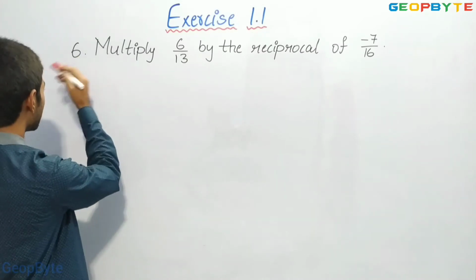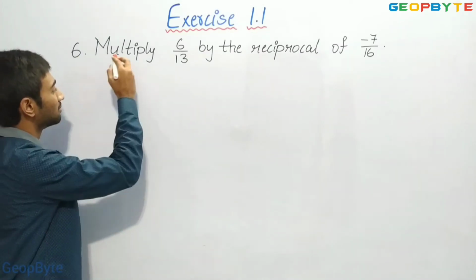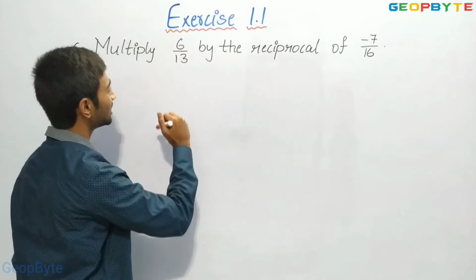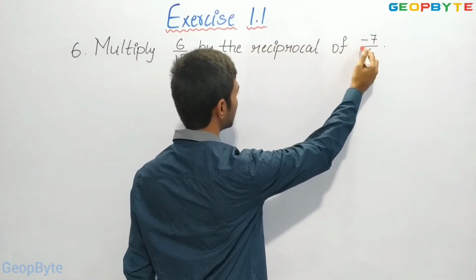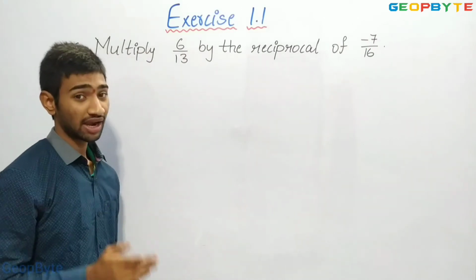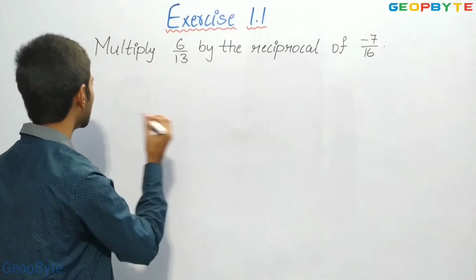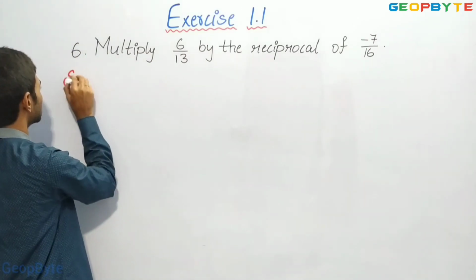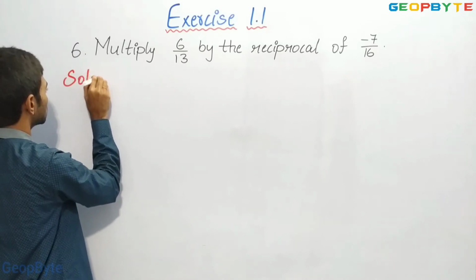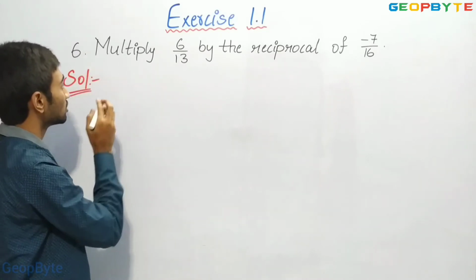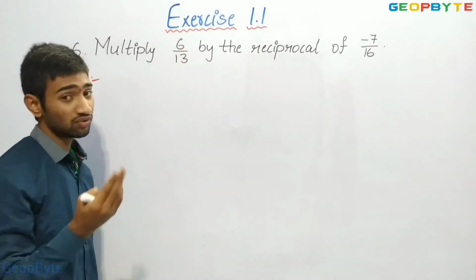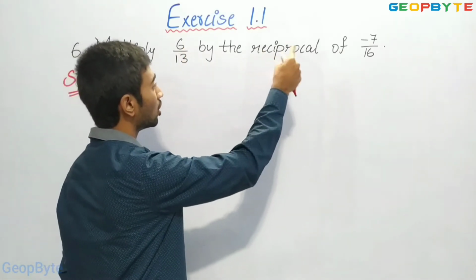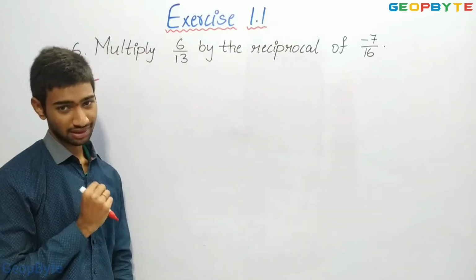Now, let us see the sixth question. Multiply 6 by 13 by the reciprocal of minus 7 by 16. Let us find the solution for the given question. So here we need to multiply 6 by 13 with the reciprocal of minus 7 by 16.